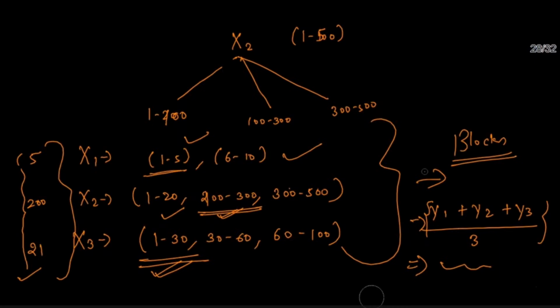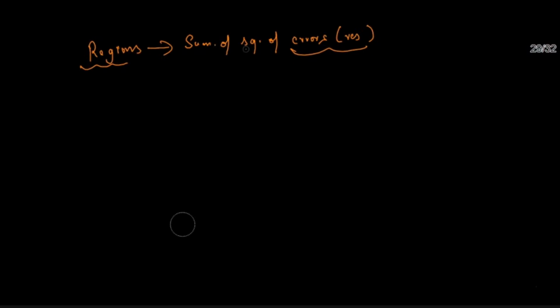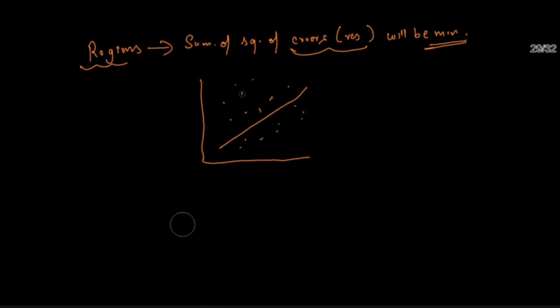So you have to select your split regions in such a way that your sum of square of errors will be minimum. Like in case of linear regression, you will observe that whenever you have data points, you have to select that line so that your residuals, which is nothing but error, are minimal.